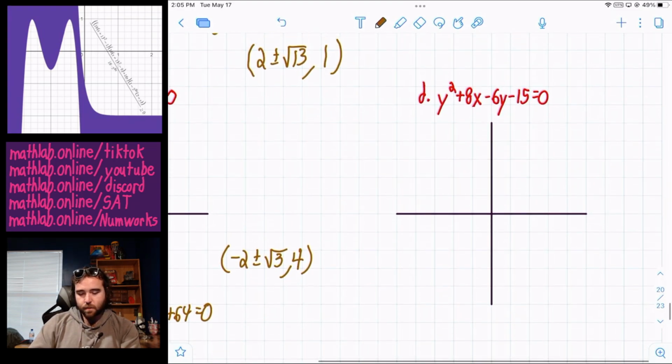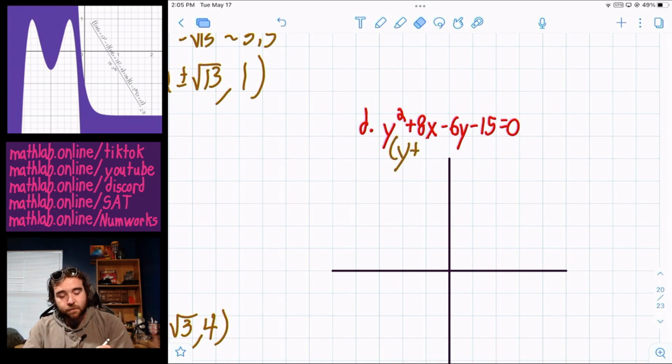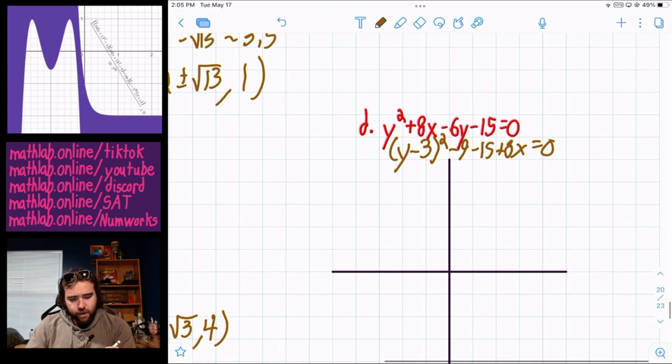Okay. Oh, here's a parabola then. So we still got to complete the square. It's going to be y minus, notice that that's an 8x, but then a minus 6y. So y minus 3 squared minus 9 minus 15 plus 8x equals 0. So that's plenty nice, because we'll subtract the 8x over.